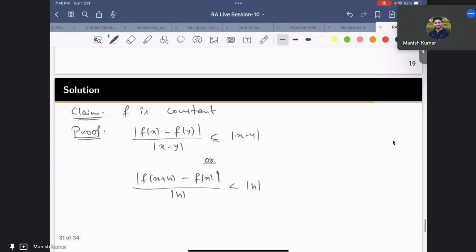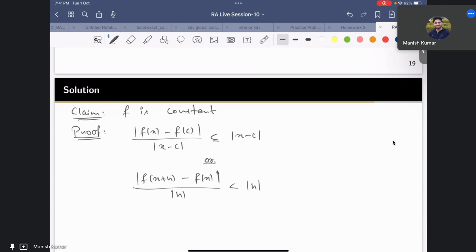Here I have chosen y to be x and the other point is just a translation by h, because this is the way we define the derivative. Here also you would be more comfortable if I replace y by c, right?